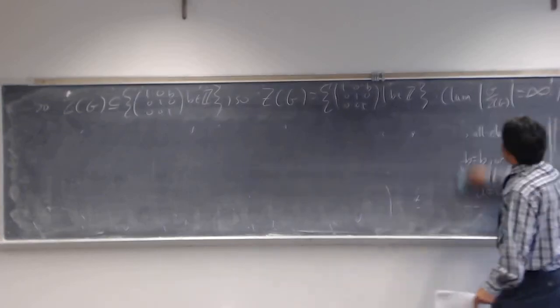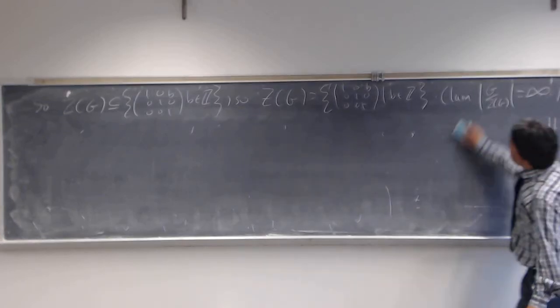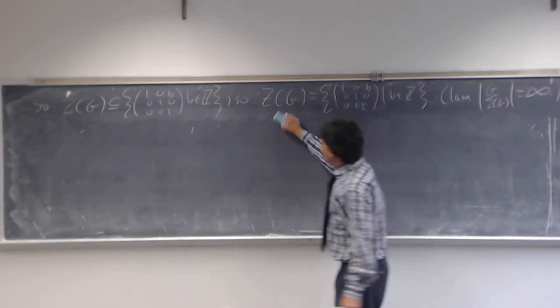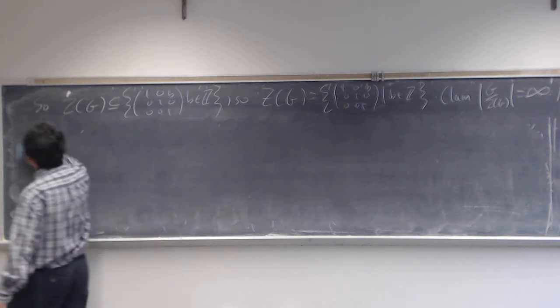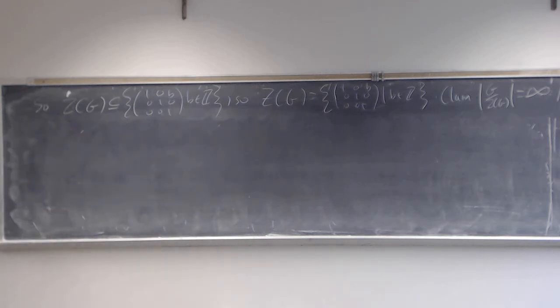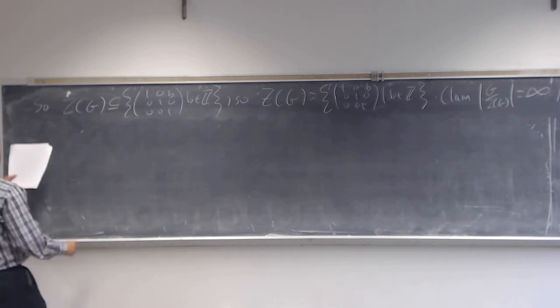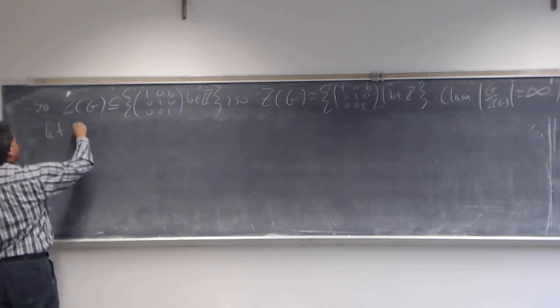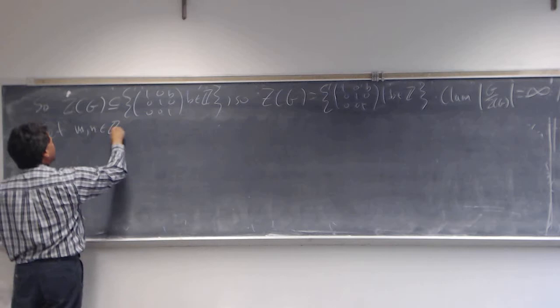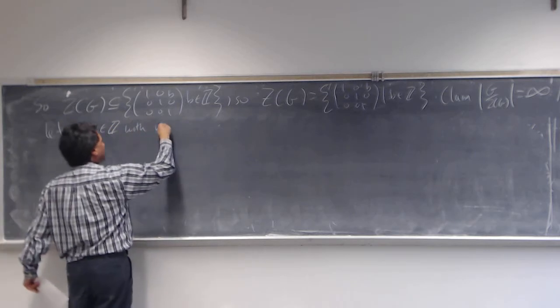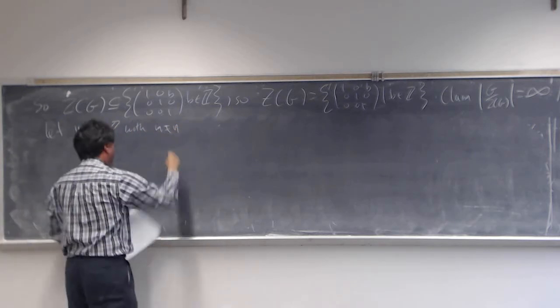And the way I do that is I'll exhibit infinitely many. I won't even give all cosets. Once I show there are infinitely many distinct cosets, that's enough to show that the total number of distinct cosets has to be infinitely many. So let m and n be in Z with m not equal to n.